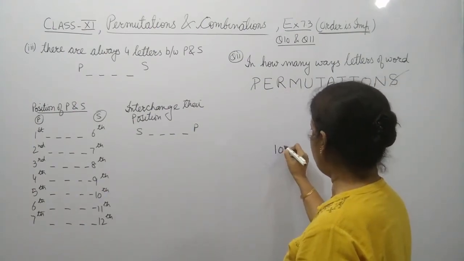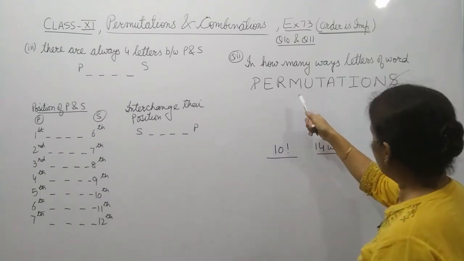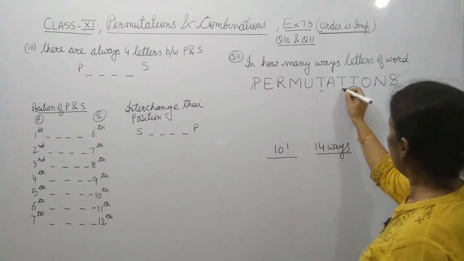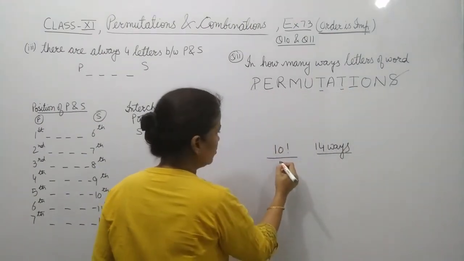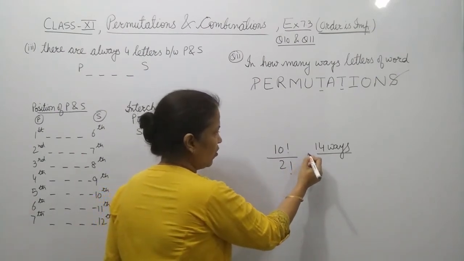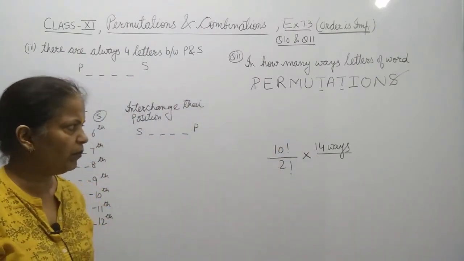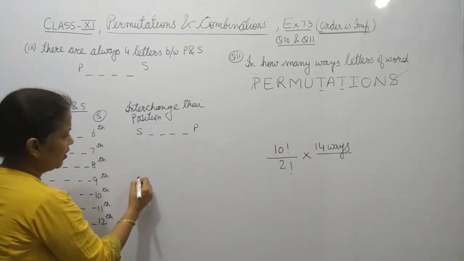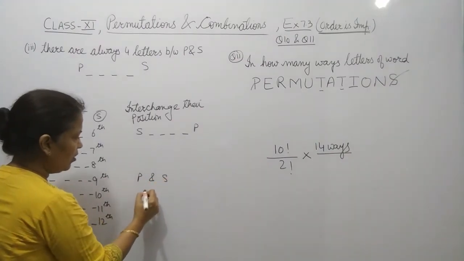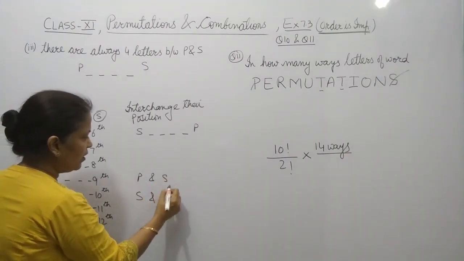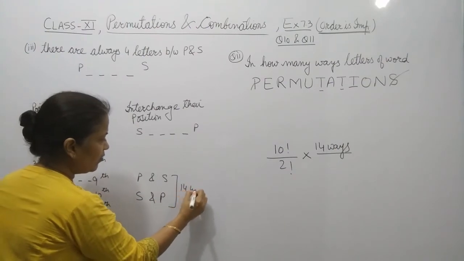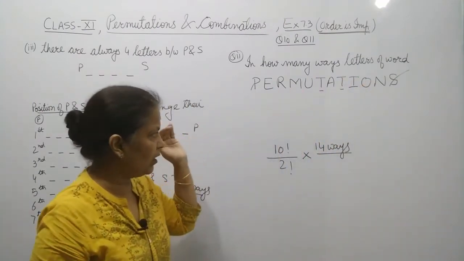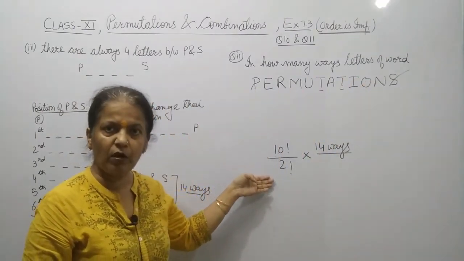So 10 factorial upon, let's see, any repeating letter. This T is repeating over here, so upon 2 factorial, and according to the fundamental principle of counting, multiply it. So with P and S or S and P, there are 14 ways, and with the rest of the letters, 10 factorial upon 2 factorial.